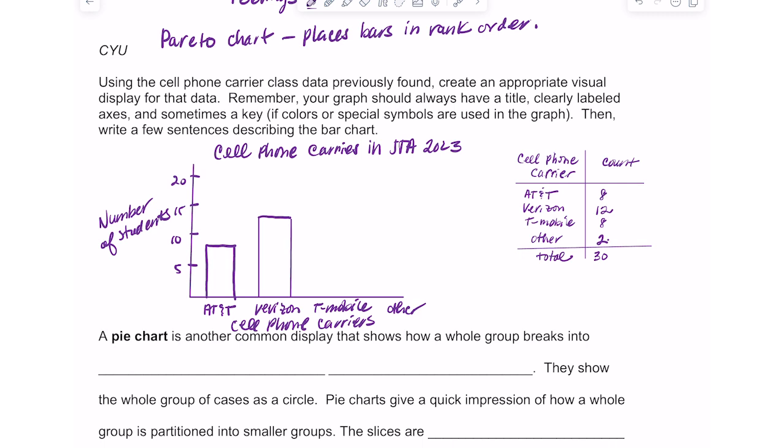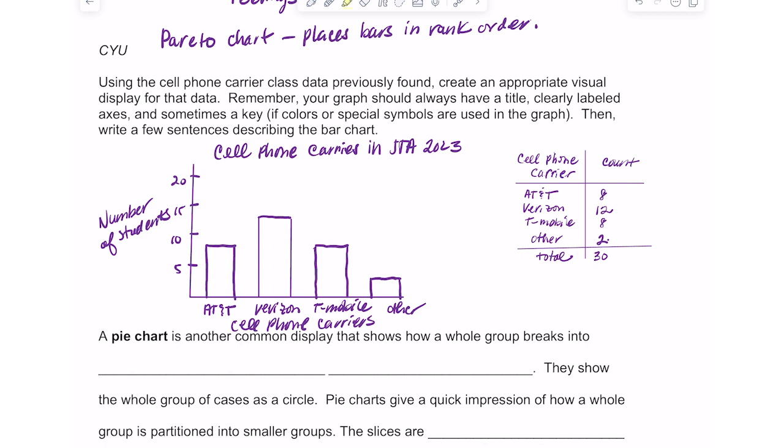And T-Mobile is 8. So we'd want to make it the same height as the AT&T. And then other is 2. So there's our bar chart.